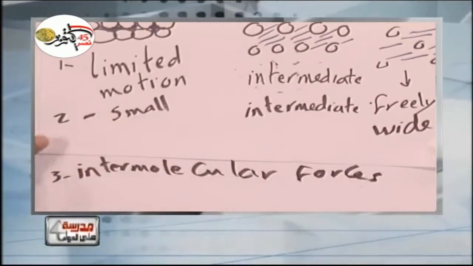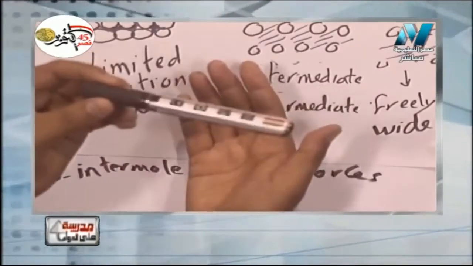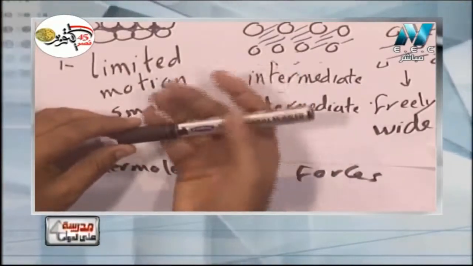In solid, as you see, if I want to drop this part, it will fall together. But if I have some drops of water, I can spill some of the water and the remainder will be in the cup. Because the intermolecular forces between solid molecules are very strong.